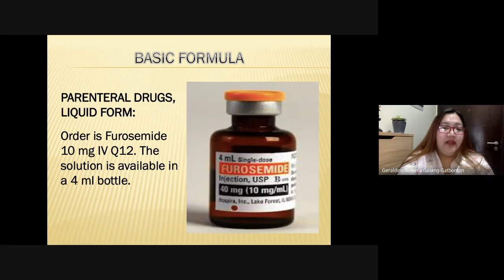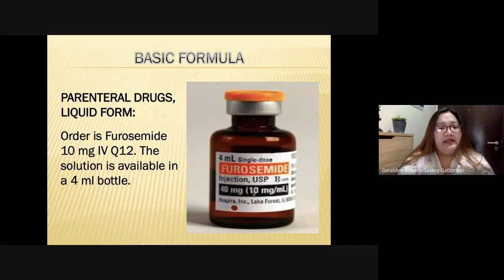Ngayon, yung 4 ml na yan, ilan ngayon yung dose? Nakalagay dyan, 40 mg. Dito kayo hindi pwedeng malito. Kasi, tignan nyo, meron pang isang unit of measurement dito, which is 10 mg per ml.